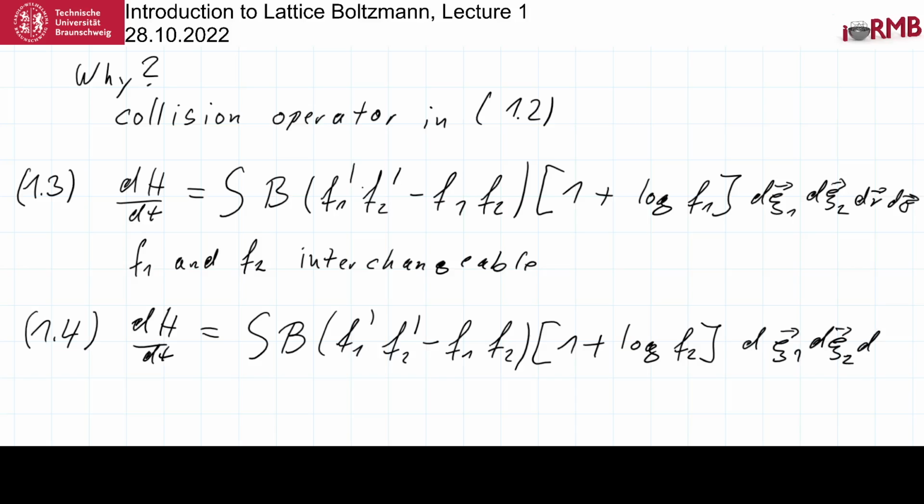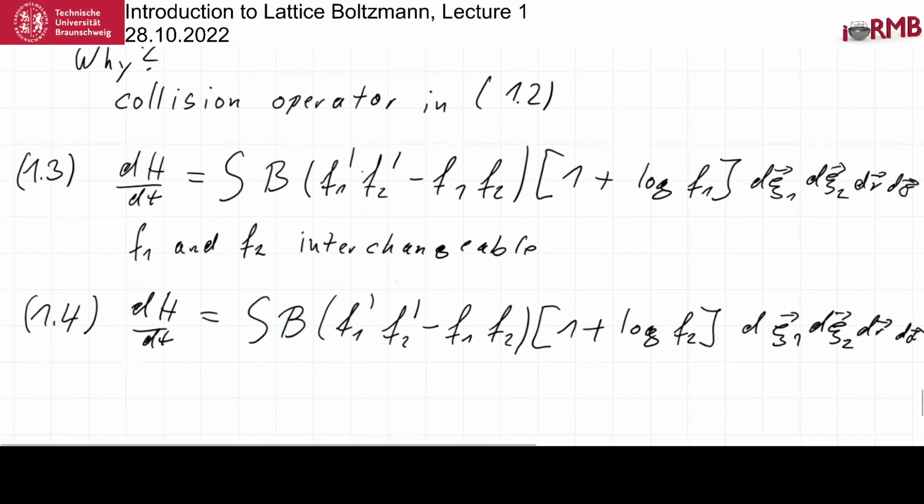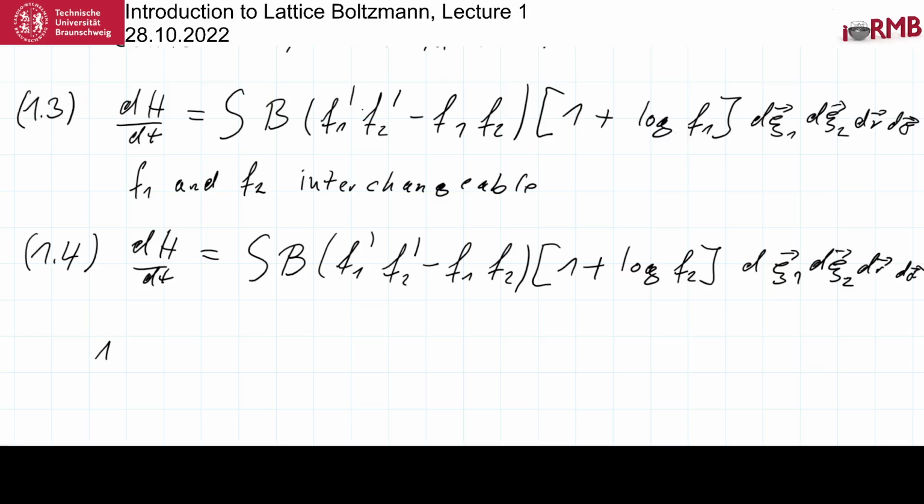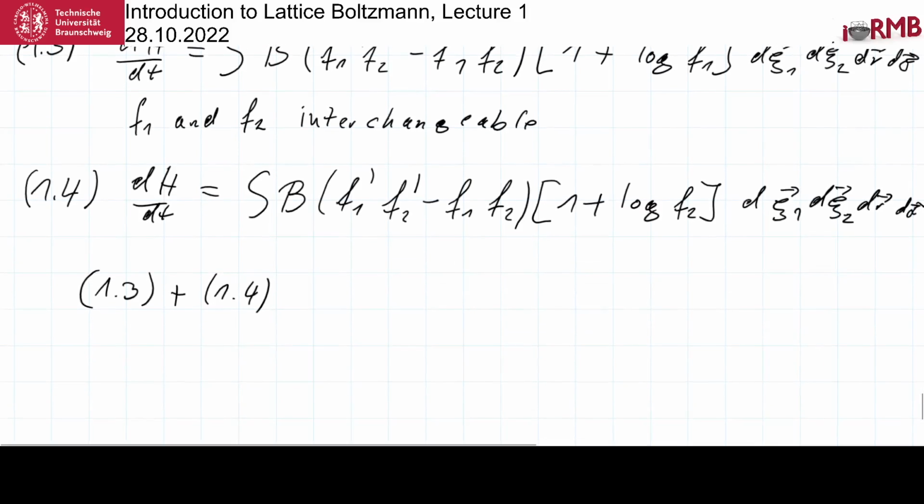Now what we can do is simply sum these two together, 1.3 plus 1.4. You see, because the only difference is here, we sum them together, so on the left-hand side we have twice dH/dt equal to the integral, where most of this is the same.